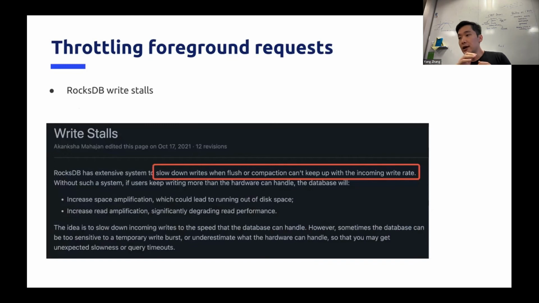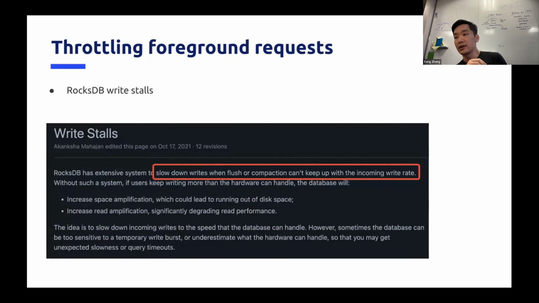But besides throttling the background activities, we also do some foreground request throttling. The reason is that we don't want to overflow the lower storage engine, in our case RocksDB, because RocksDB has a self-protection mechanism called write stalls.